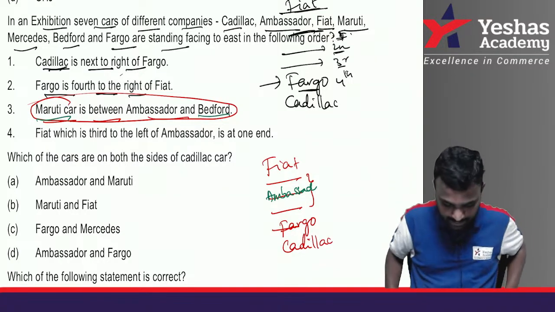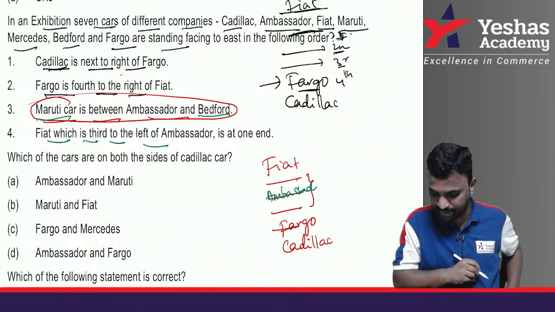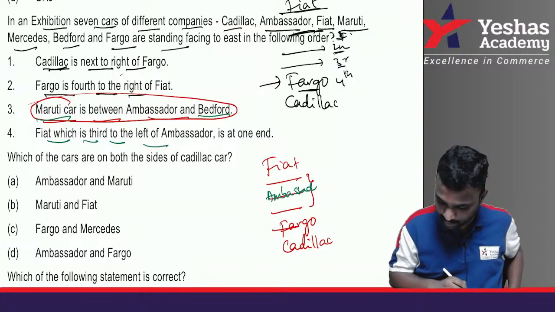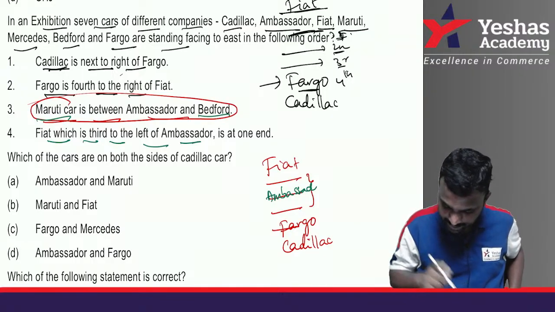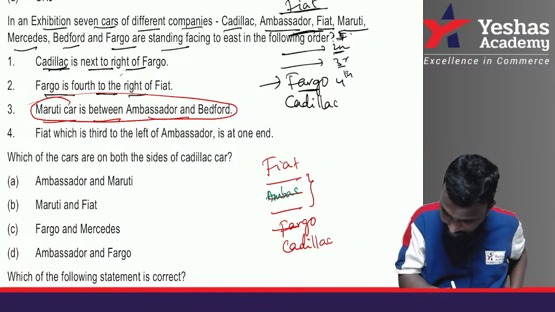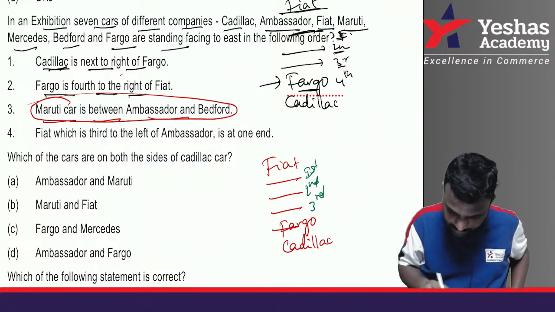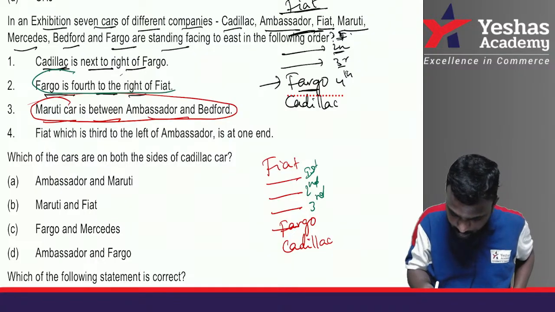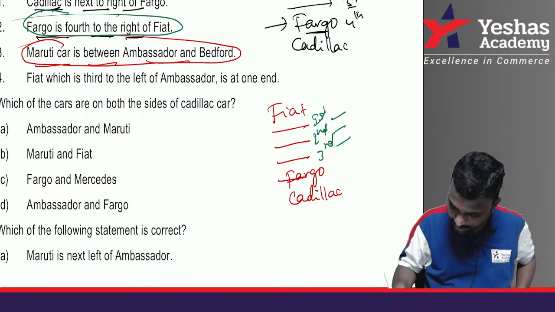For that, you can see Fiat, which is the third to the left of Ambassador. Fiat is third to the left of Ambassador, so definitely Fiat is at one of the ends. Where is Fargo? Fargo is fourth to the right of Fiat. From Fiat, first right, second right, third right, Fargo.